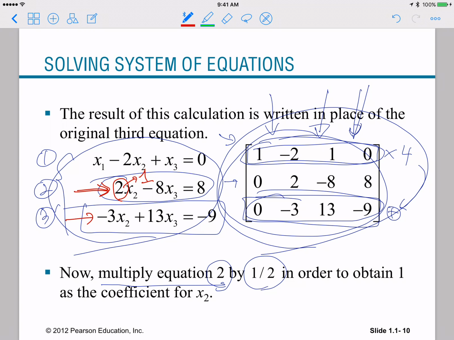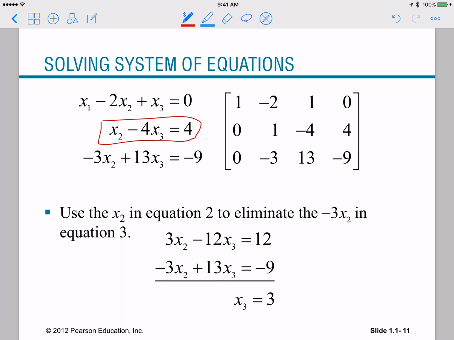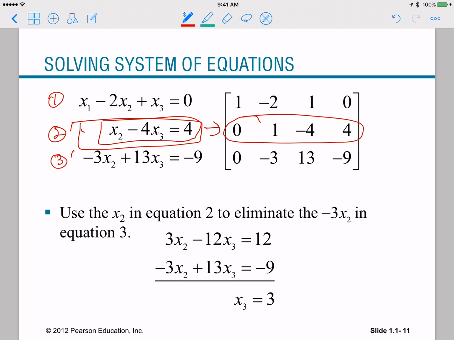Okay, and then we can simply multiply this second equation by 1/2. Then we have this equation, right? So this is the first one, and we now have a new second equation, right? So far so good, right? And then from the matrix point of view, we just simply scale, or multiply, the second row, still a horizontal vector corresponding to this second equation, by 1/2, right? So that way we obtain this.